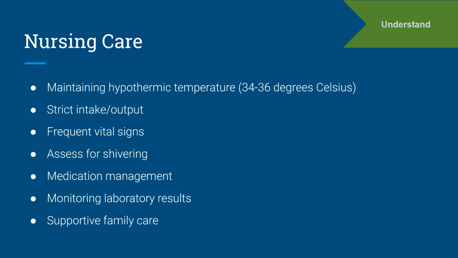We want to do our frequent checks, which would include strict I's and O's, frequent vitals, maintaining the hypothermia temperature, which is 34 to 36 degrees Celsius, medication management, doing our 6 checks each time we give the medication, being very vigilant on monitoring our lab values, assess for shivering, and just continue to check in on the patient to see what else we can do to make methods more comfortable for the patient.